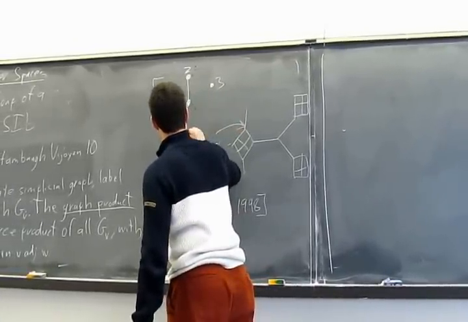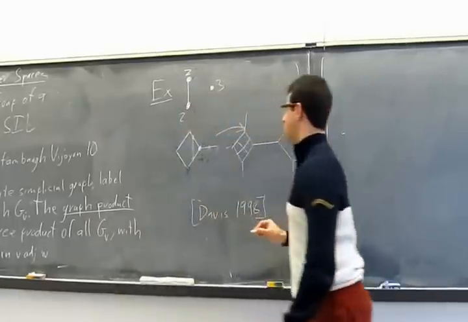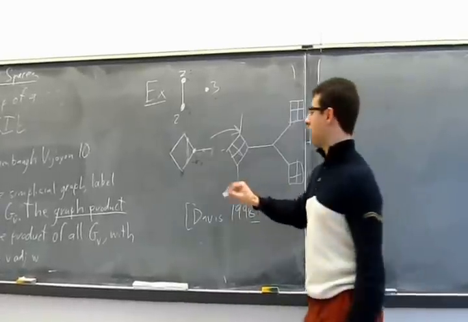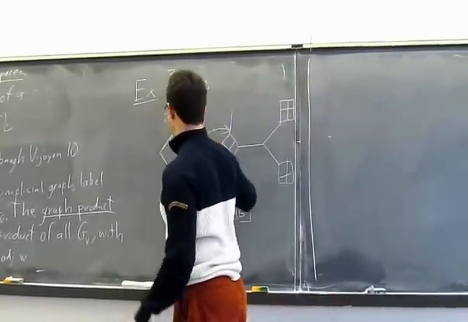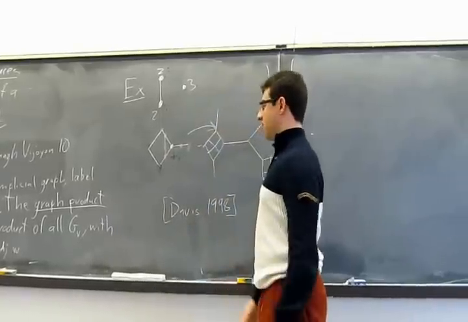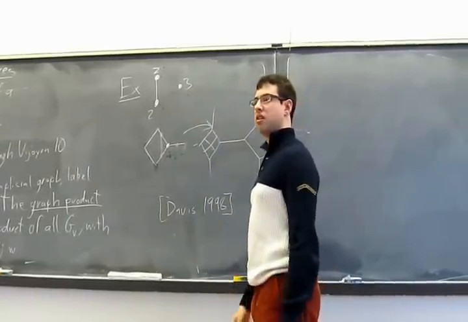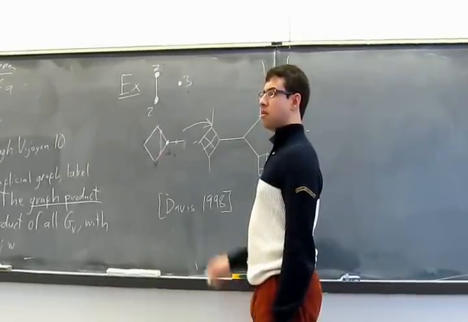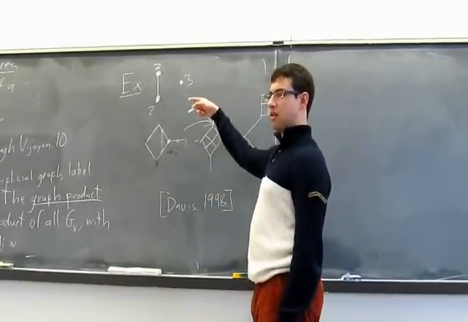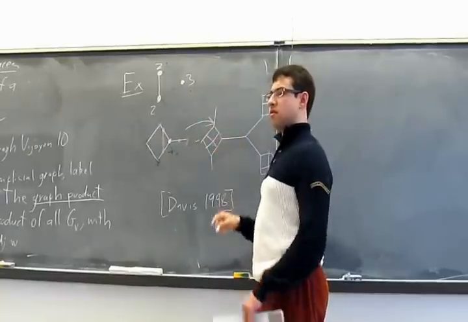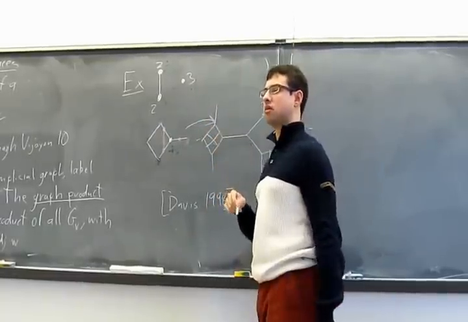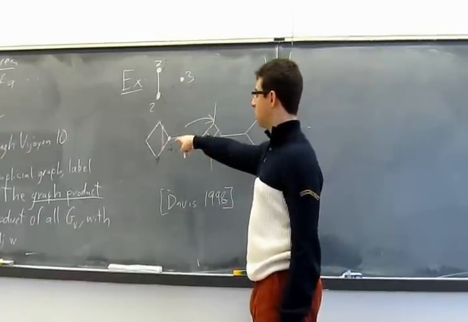So let me draw it this way so it's clear. I only have one vertex here. Then for each n-cell in your flagified graph, you add an (n+1)-cube, and you put that next to your vertex, which makes the correct link for that particular vertex.